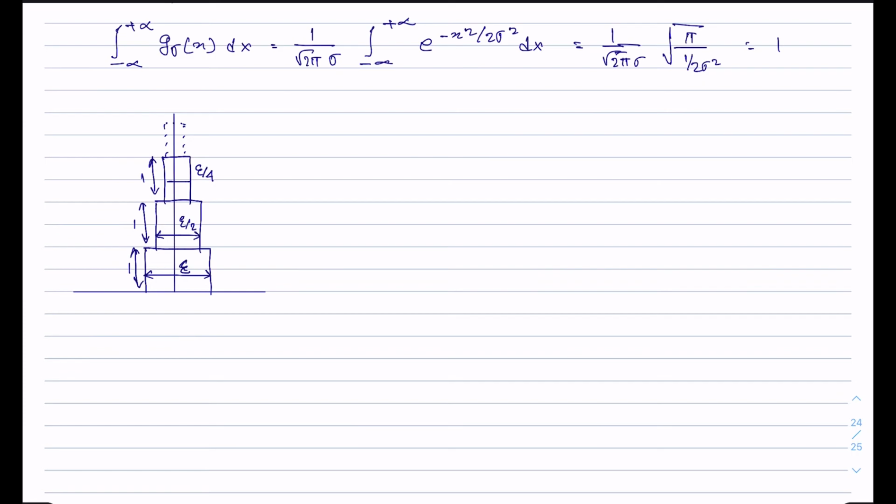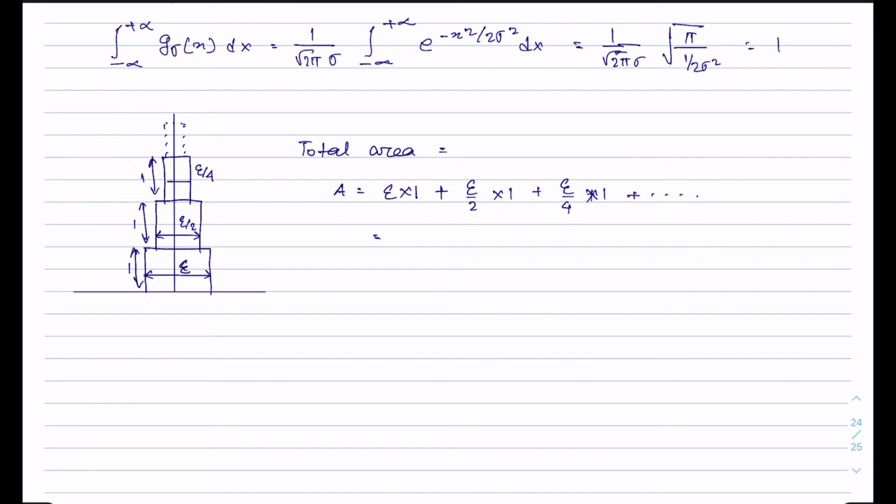Now let's find its total area. The total area A is, for the first rectangle, the height is 1 and the width is epsilon, so the area is epsilon times 1. For the second one, it is epsilon by 2 times 1, and for the third one it is epsilon by 4 times 1, and so on.